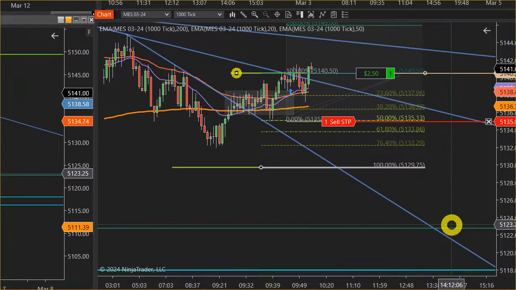So if I get in here, I add to my position here. My average price is here. If my average price is here and price is down here already, when I add to that position, then I'm already down.